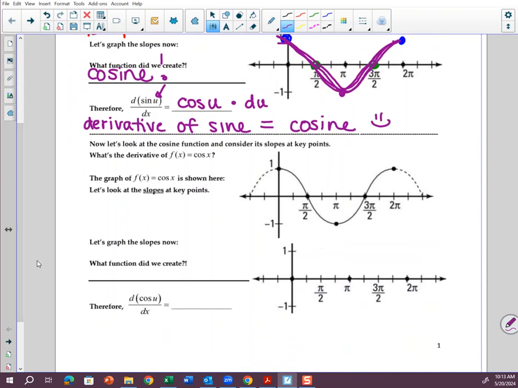Now, if we do something similar with a cosine function, and I pull those 0 slopes first, and I had these points already planned out right there, the 0 slopes. So cosine has a 0 slope at 0, cosine has a 0 slope at pi, cosine has a 0 slope at 2 pi.